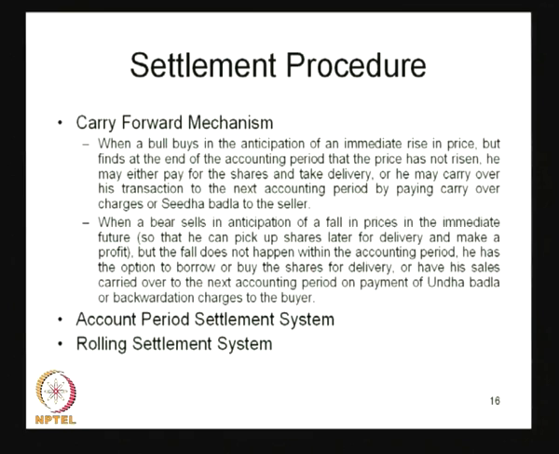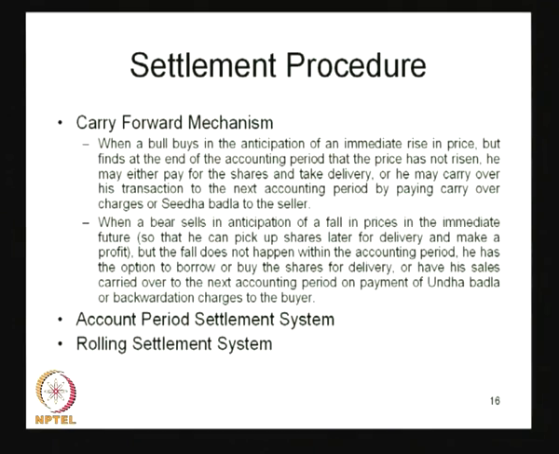When a bull buys in anticipation of an immediate rise in price, but finds at the end of the accounting period that the price has not risen, he may either pay for the shares and take delivery, or he has the option to carry over his transaction to the next accounting period by paying the carryover charge.